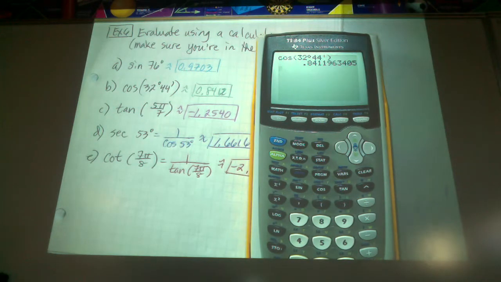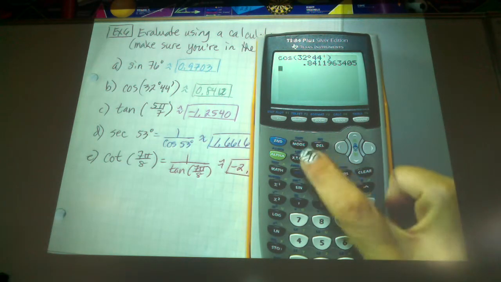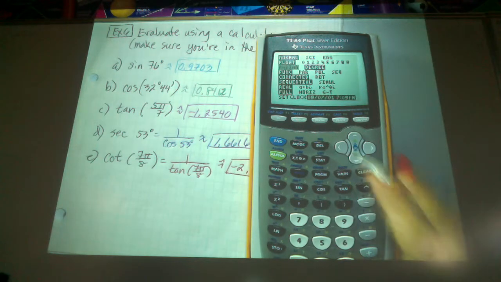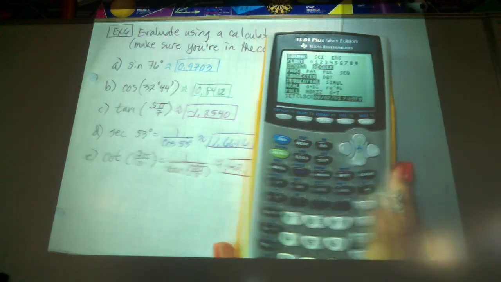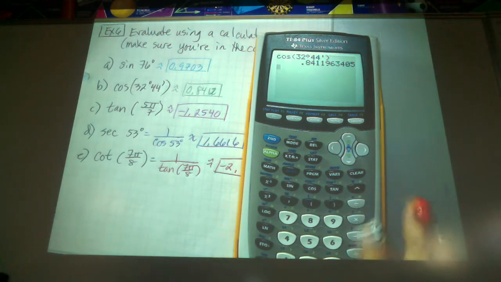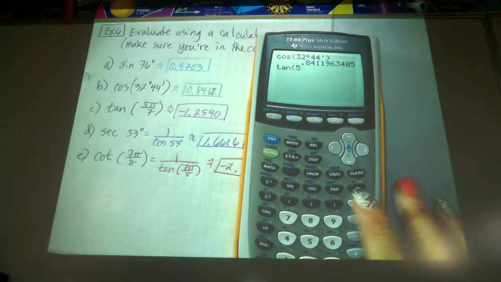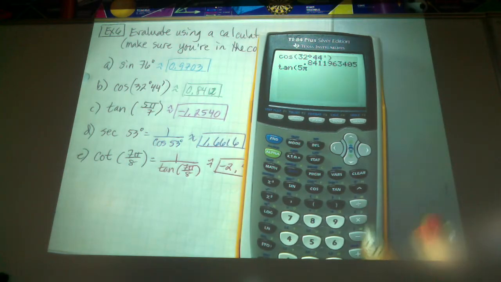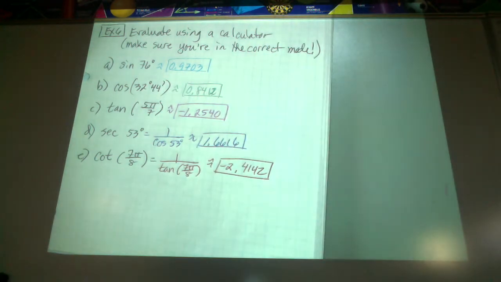So for C, because I'm in radians, I need to go change my mode to radian. So tangent of 5 pi divided by 7. Why did that not come out?